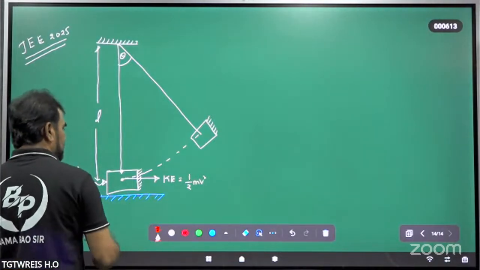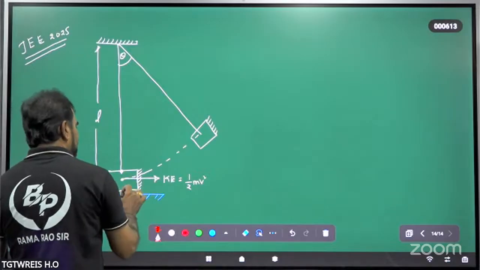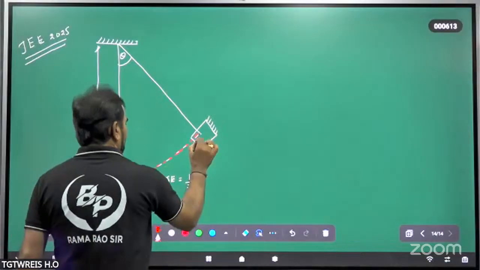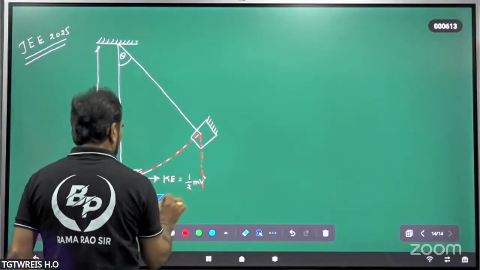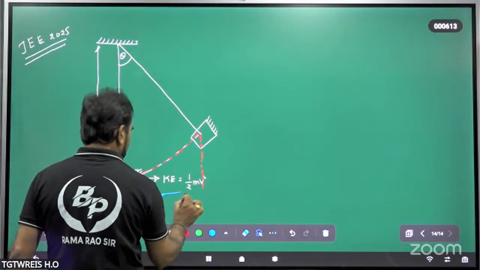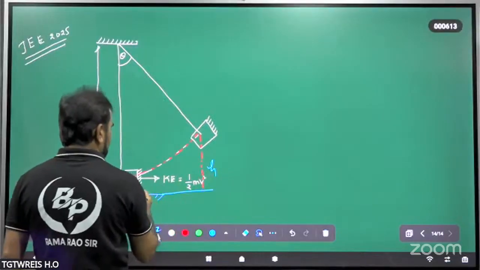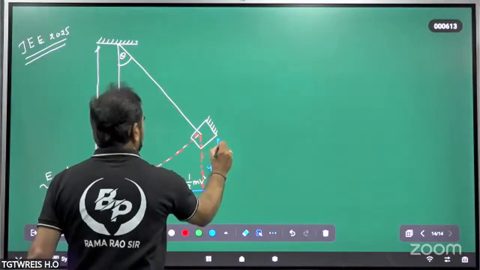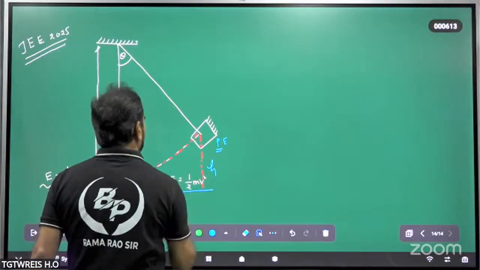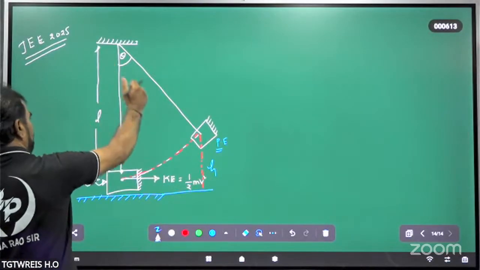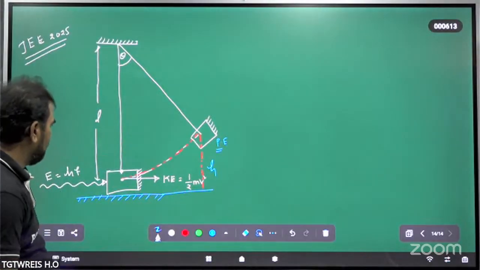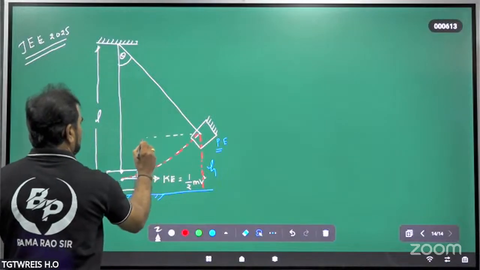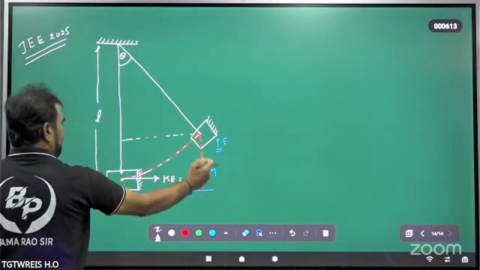Due to this kinetic energy, the mirror is raised to a certain height from the initial position. This kinetic energy is converted into potential energy. Let the mirror be raised to a height h.